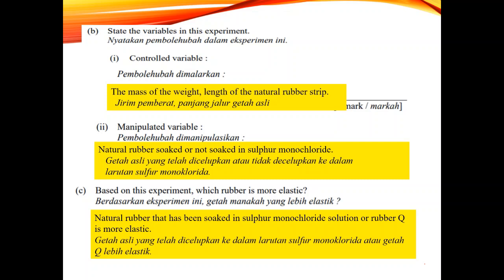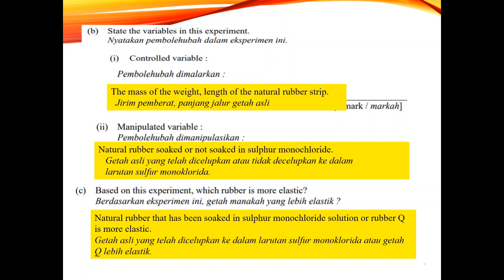So you need to know the meaning of elastic. Elastic means when you pull the rubber, it will become elongated, but once you release it, it will return to the original size and shape.